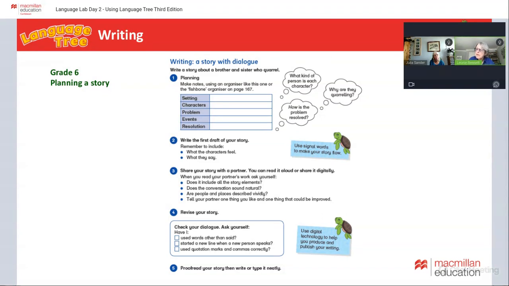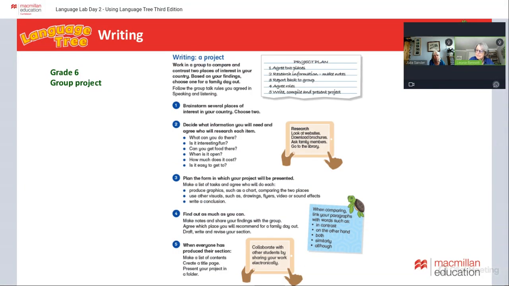Now, if they read a story at the lower grades, they might be asked to identify the beginning, middle, and end, and to use those story elements when they're planning their own story. At higher grades, as here, they use more sophisticated story elements in their planning, looking at setting and characters, and also at the plot in terms of problem, events, and resolution. Next slide, please.